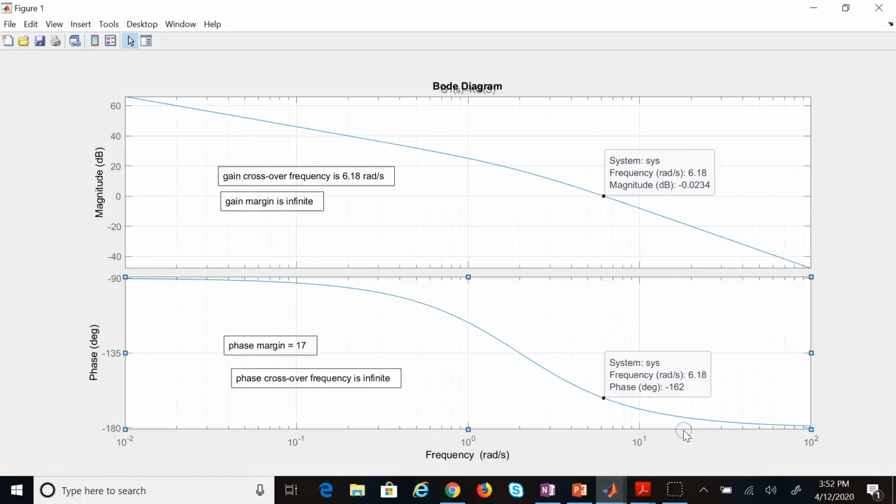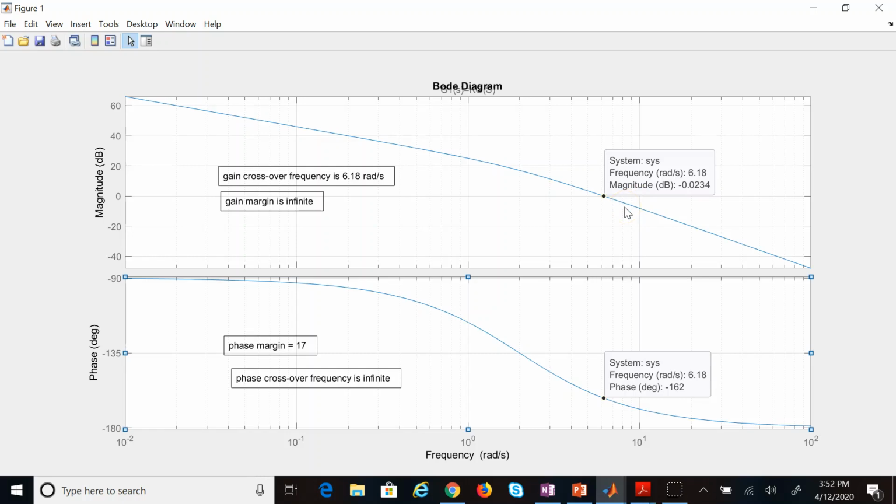If I go back and look at my Bode plot, look at the gain crossover frequency that I have, at the gain crossover frequency, which is at 6.18, correct? This is the system where the magnitude of K was equal to 10, but no zero or pole added.